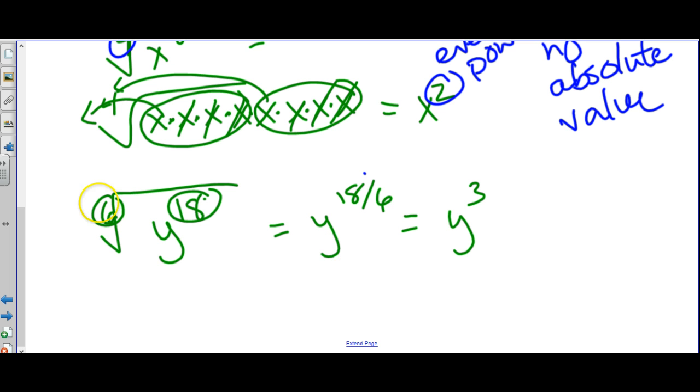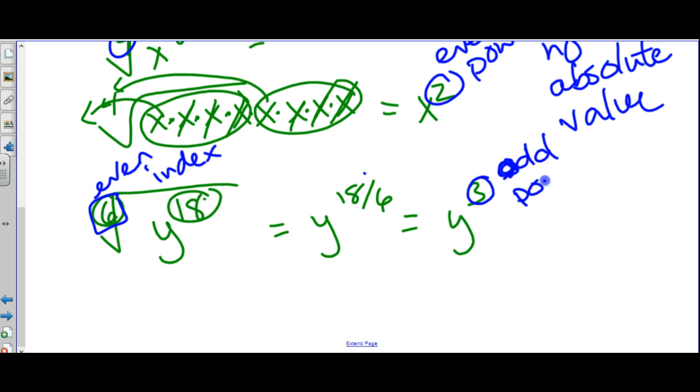Now we started with an even index, but we had an odd power at the end. This means we need the absolute value bars so that we can make sure our answer comes out positive. So let's do a couple more examples, and then we'll be done with our discussion on roots and radical expressions.